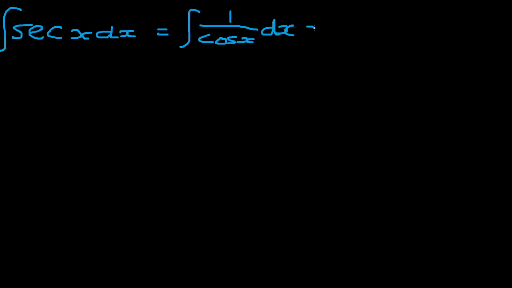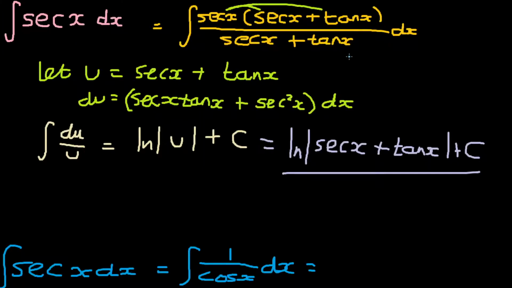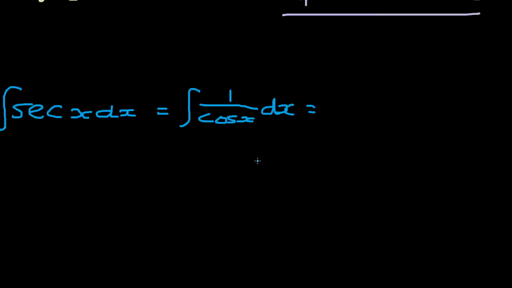And in this step, it's hard to see that multiplying by secant x plus tan x is going to simplify this. It's hard to see at first, at least. But this one's a bit easier to see. If we multiply top and bottom by the cosine of x, we get the integral of cosine x over cosine squared x with respect to x.